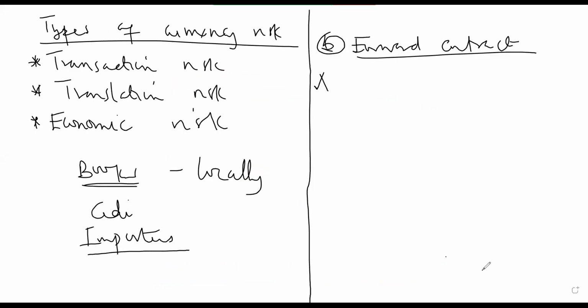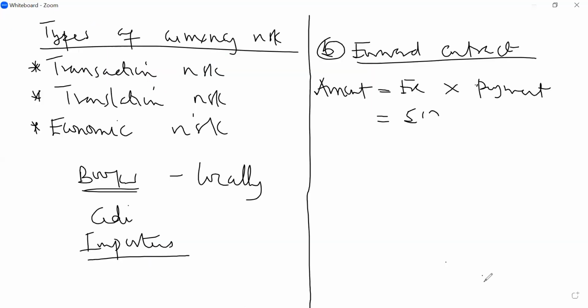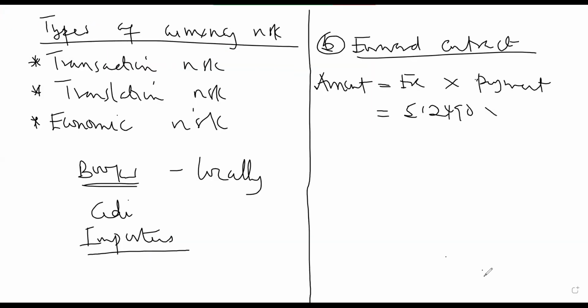So the forward rate multiplied by the payment amount. So that will give us 5.2490 multiplied by 500,000.